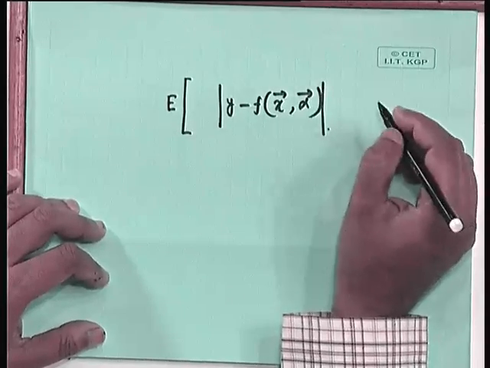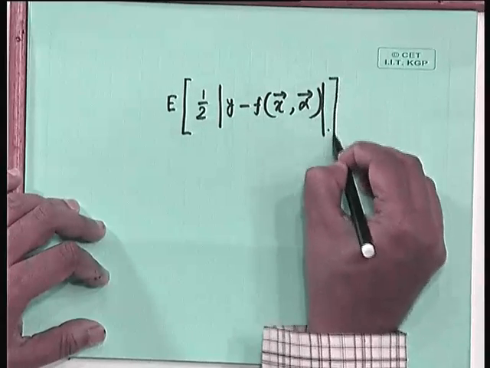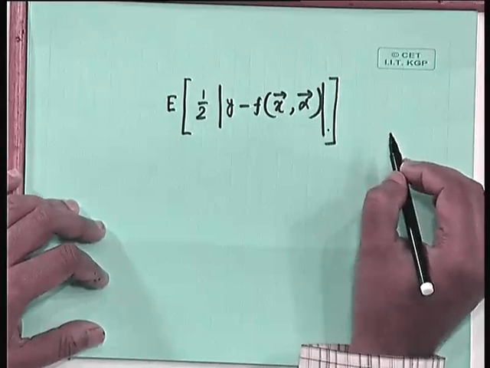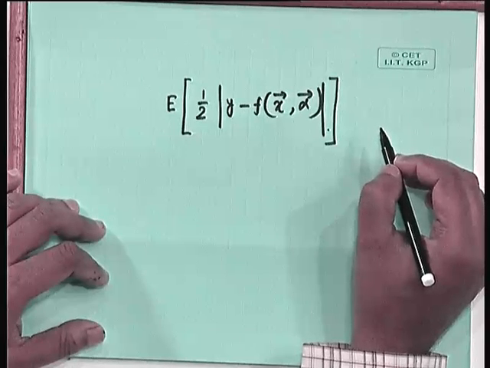and we take the mod of this, and as a very typical case I can take it to be half of this. Now, what does this basically indicate?